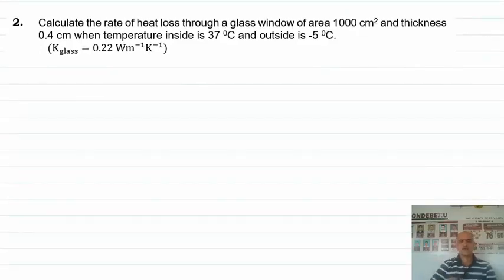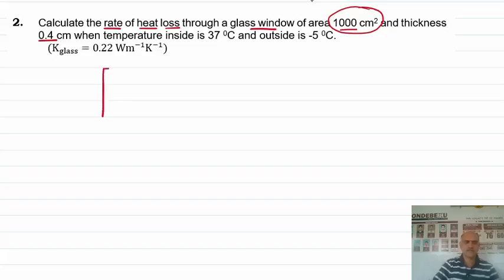Calculate the rate of heat loss through a glass window. The area of the window is given in centimeter square, the thickness is given, and the temperatures inside and outside are given. If I think of this as a window, we are seeing it from the side view.